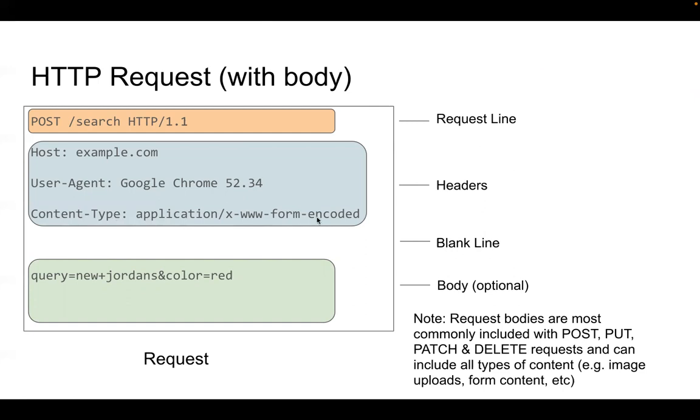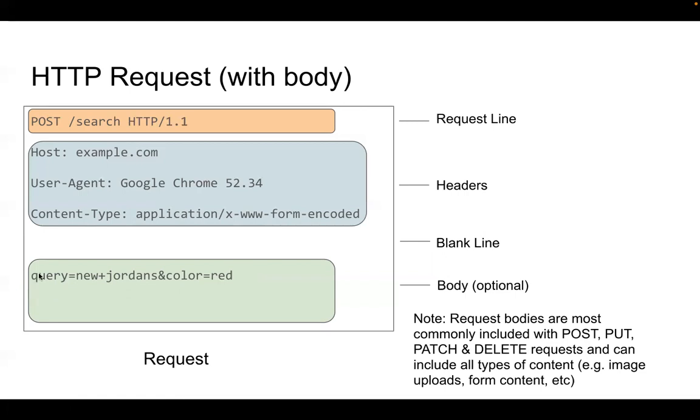The content type header just says what the type of the data is that we're sending in. And then there's a blank line, and then the body is afterwards. Like I said here, request bodies are most commonly used with post, put, and delete. Patch as well, though I don't think we'll ever come across the patch request. But it can include any sort of data.